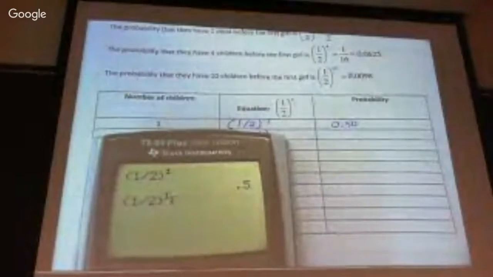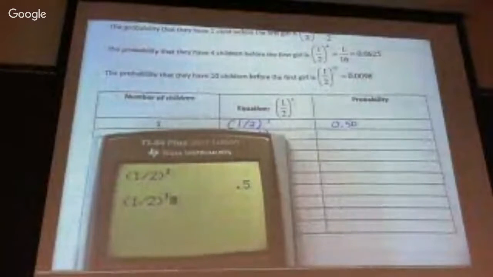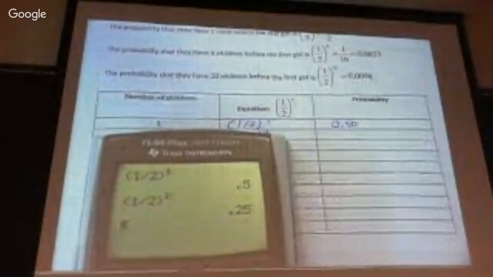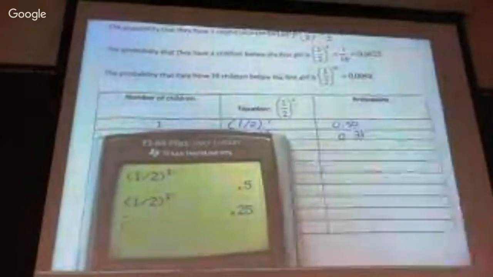Make sure you get that 0.5. Now, if you hit second enter, it repeats it for you. You go back and change the 1 to a 2. So the chance that the second one is a girl goes down to 0.25.